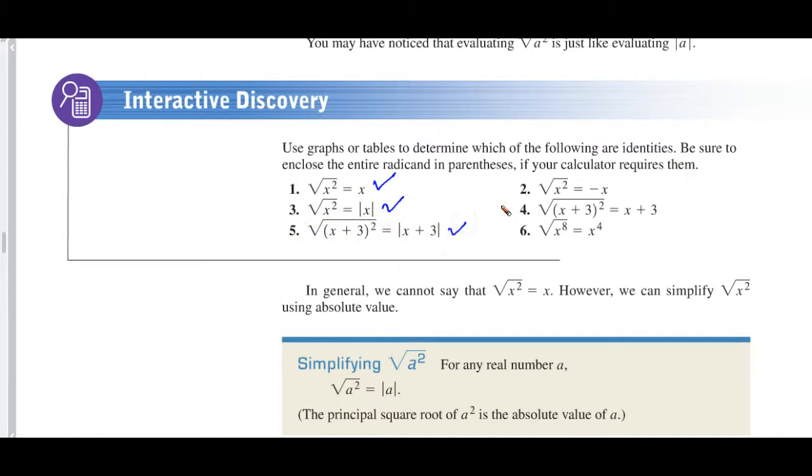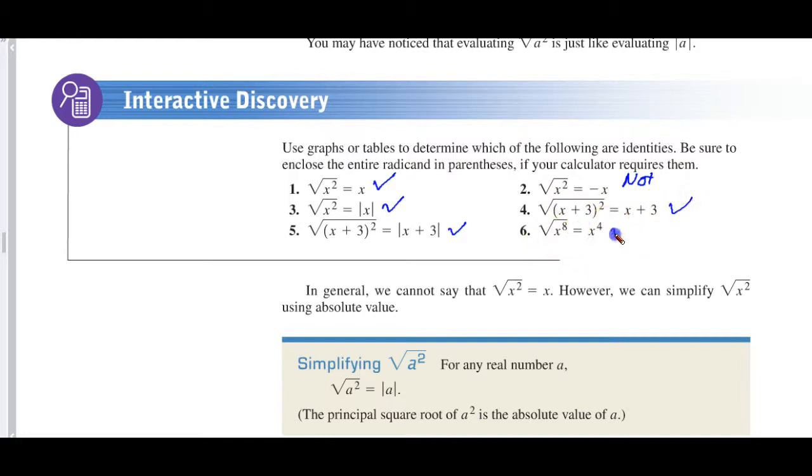This is also true. This they're saying is not true. And this one we say in general could be true as well.